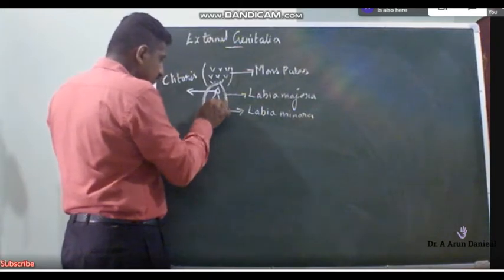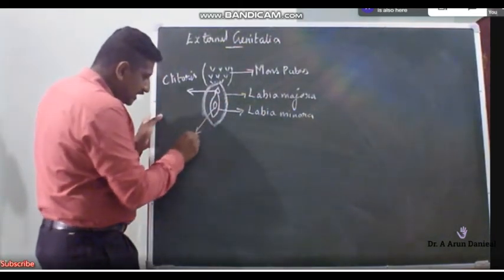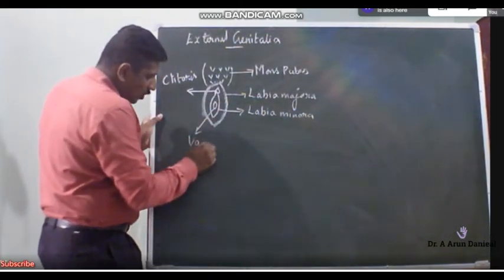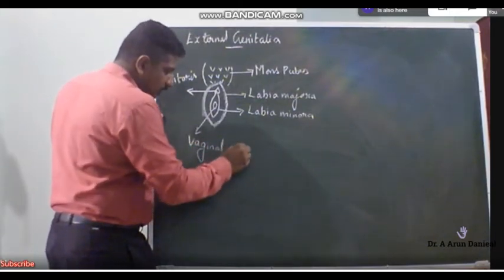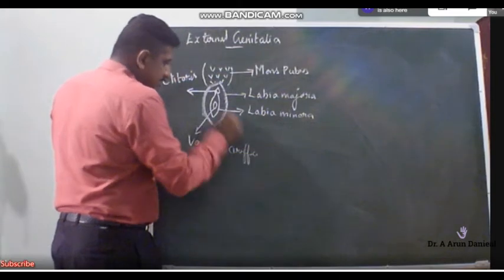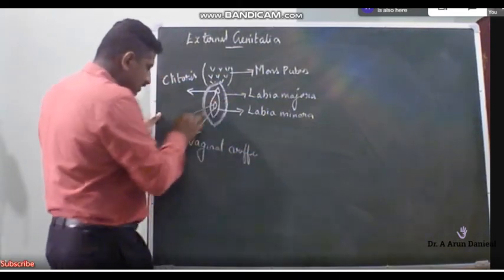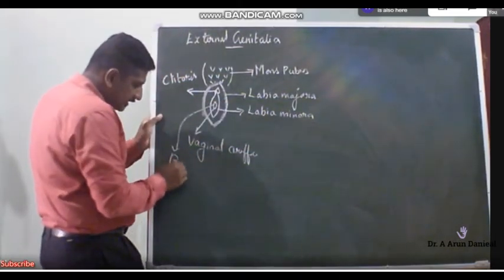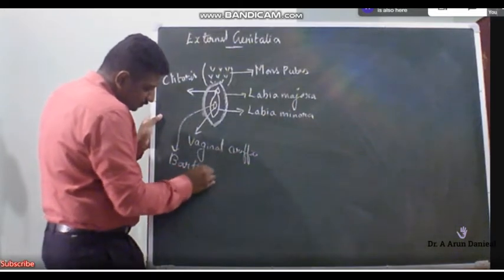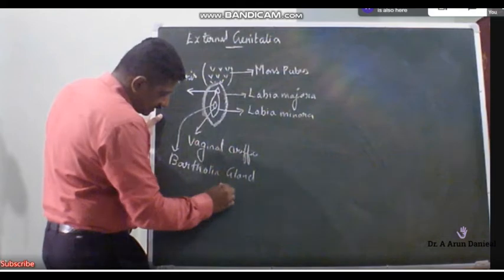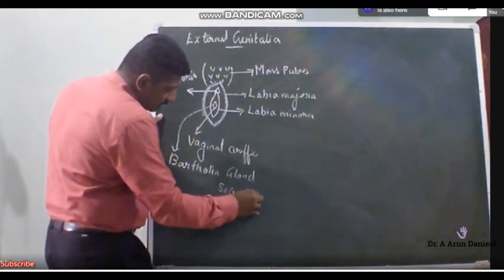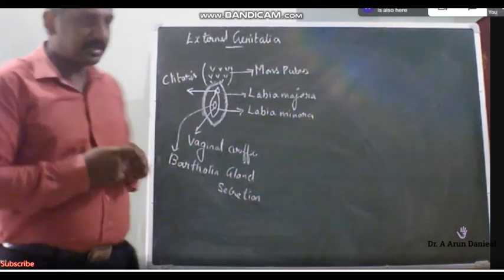Then this one is your vaginal orifice, the opening of the vagina. Surrounding this, we have a small secretion called the Bartholin gland secretion. This is all about the external genitalia.